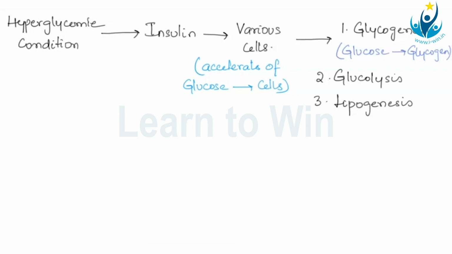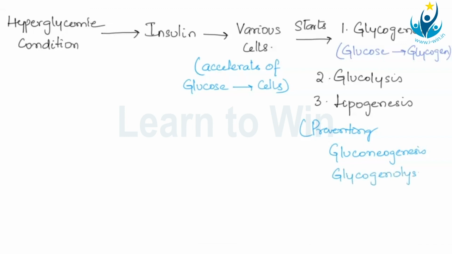So by doing these three things, it starts these following conditions, and it is preventing gluconeogenesis, which we saw in the hypoglycemic condition, and glycogenolysis.